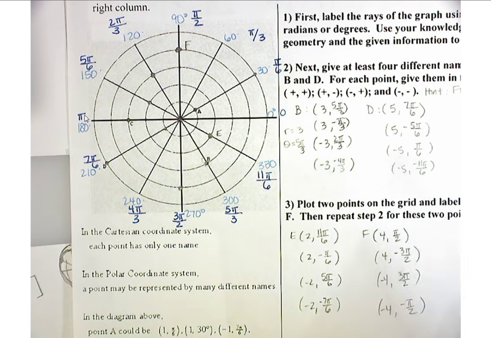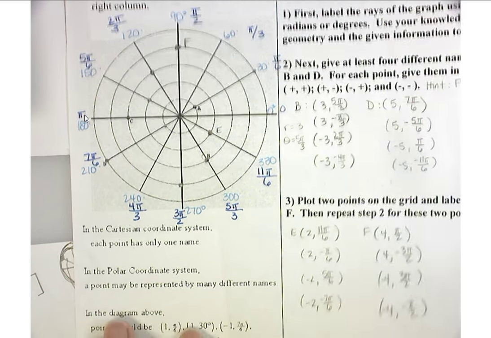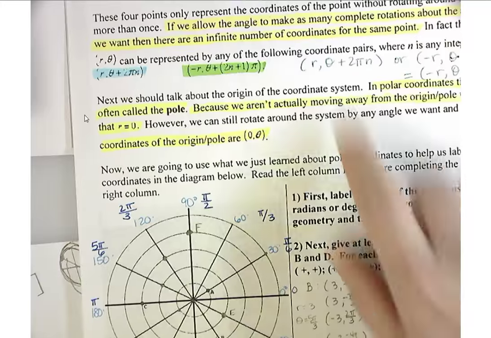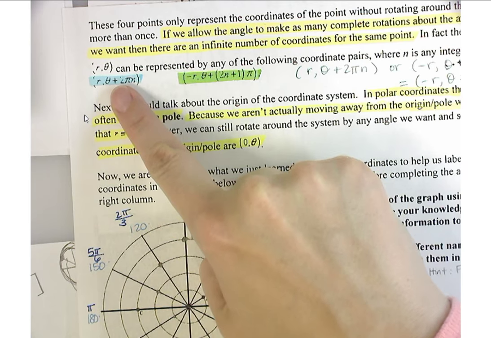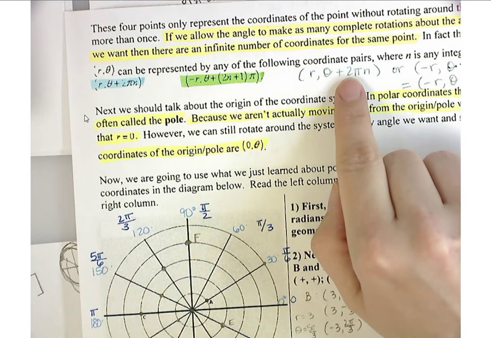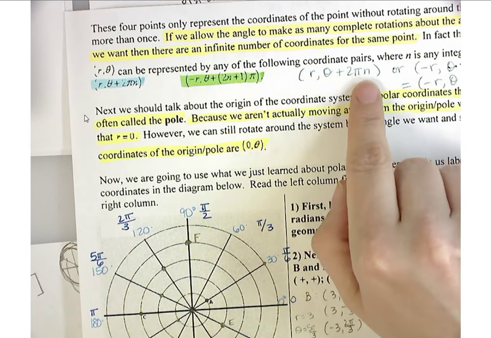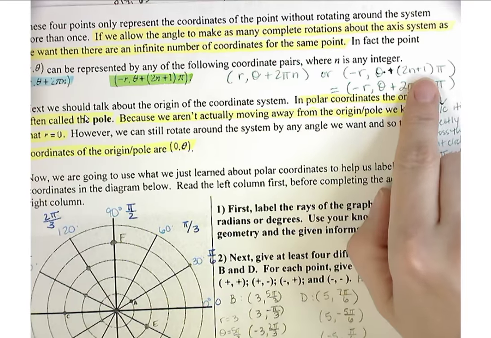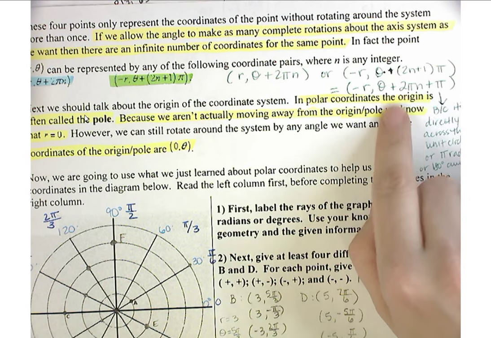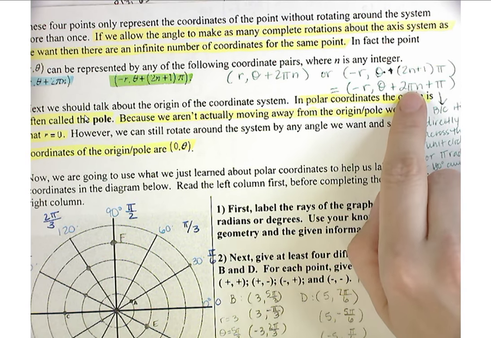I did want to mention up here the formulas that they gave you. So here you had r, and then it was theta plus 2 pi n, which remember, that's just like 2 pi k. So that just means it's a rotation around the circle. And then for this one, they had the opposite of 2n plus 1, which I know looked a little weird. So what I did is I distributed the pi so you could see how it's theta plus 2 pi n plus pi.